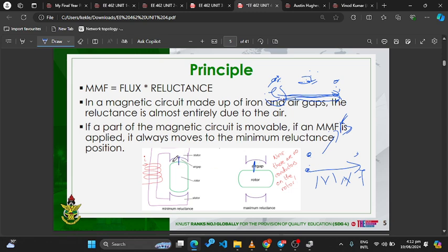If you put these two scenarios in front of flux right now, flux will tell you, just like every human being, there are some human beings that if you tell them to do this, they will do that. There are some flux like that. Even though there is high reluctance there, some of them will still pass there. So it's not just human beings, they are also like that. But the idea is that most of the flux will use the path with the least reluctance.